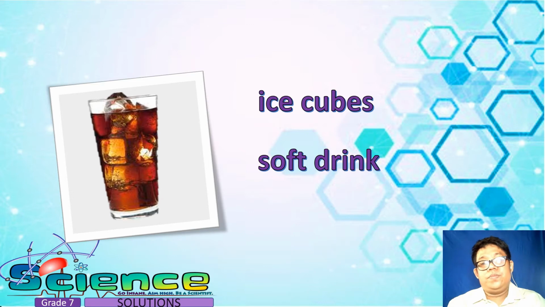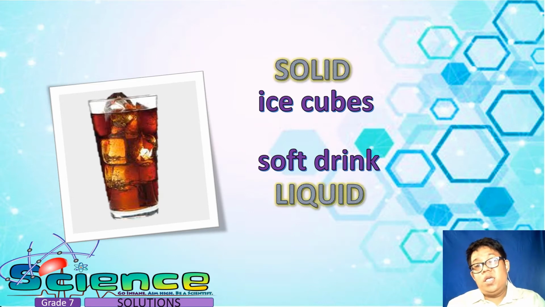For you to understand more, let's have an example of a mixture. In the picture, we have soft drinks and ice cubes, wherein the ice cubes are solid and the soft drinks are liquid. It has two phases, and we can physically identify which is the solid and which is the liquid.